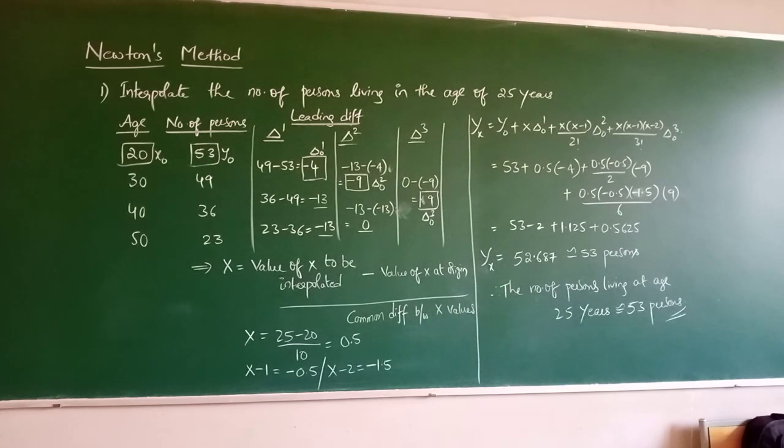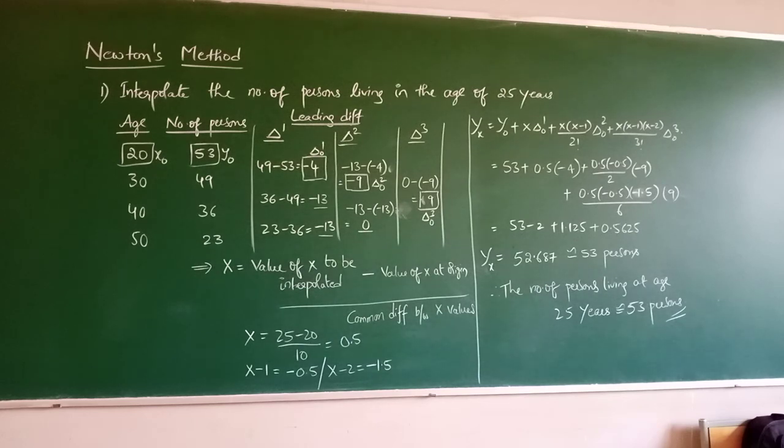First thing is there must be a common difference among the x independent values. Clear? So a common difference must be there. Even in Newton's method the same condition follows. A common difference must be there. Remember.